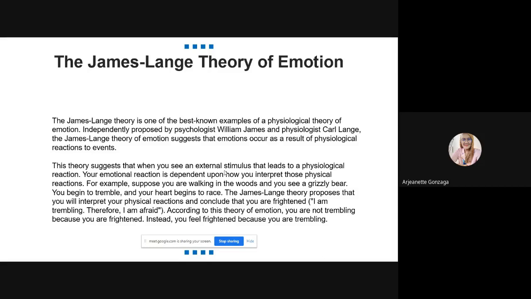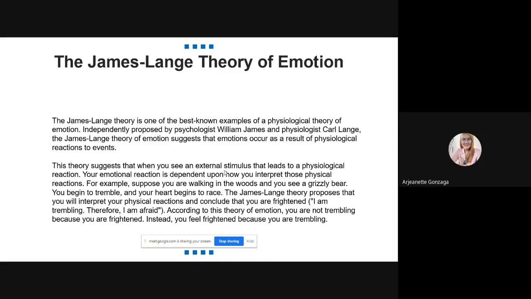So kung ano yung naging reaction niyo sa isang pangyayari, yun yung nakaka-apekto sa emotion natin. So this theory suggests that when you see an external stimulus that leads to a physiological reaction, ang emotional reaction natin is nakadepende kung papaano natin i-interpret yung physical reaction natin.